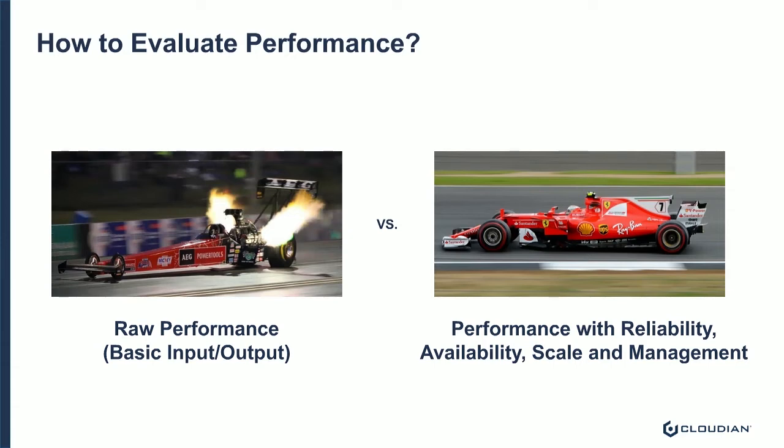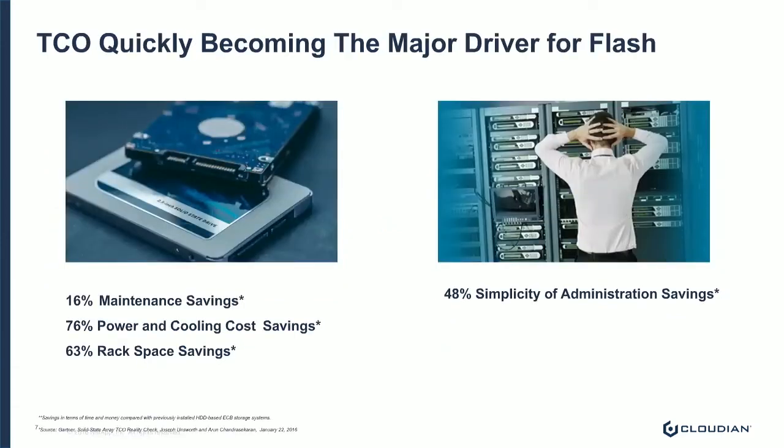The other aspect when you're talking about Flash is how to truly evaluate the value of Flash, right? We know that Flash brings in savings from power and cooling because of the way it consumes power. And the density nowadays will give you rack space savings, because you will use less rack space to deliver the same performance, or maybe less rack space to deliver the same density if you're talking about high density Flash storage media.